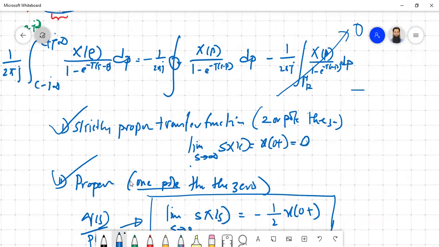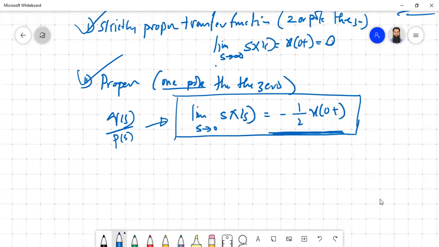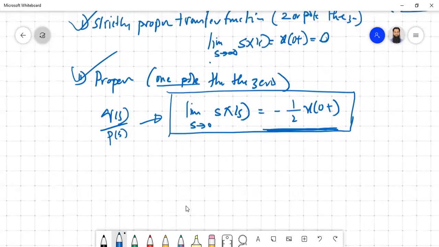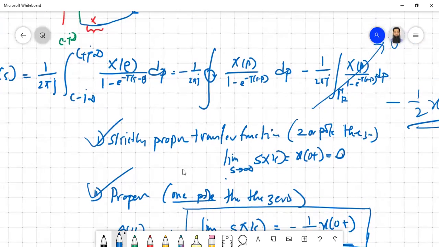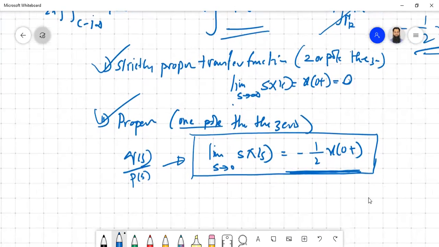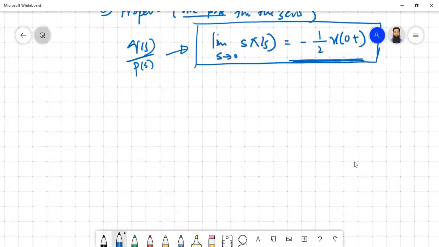Already you have a minus, so minus minus will be plus, minus half of x0 plus. So we can take it that way. We are not going to go into the derivation of how this is becoming half of the initial value. But we are interested in the first portion, which is this one. This will be easier and will be utilized to understand the sampling theorem later in this chapter.